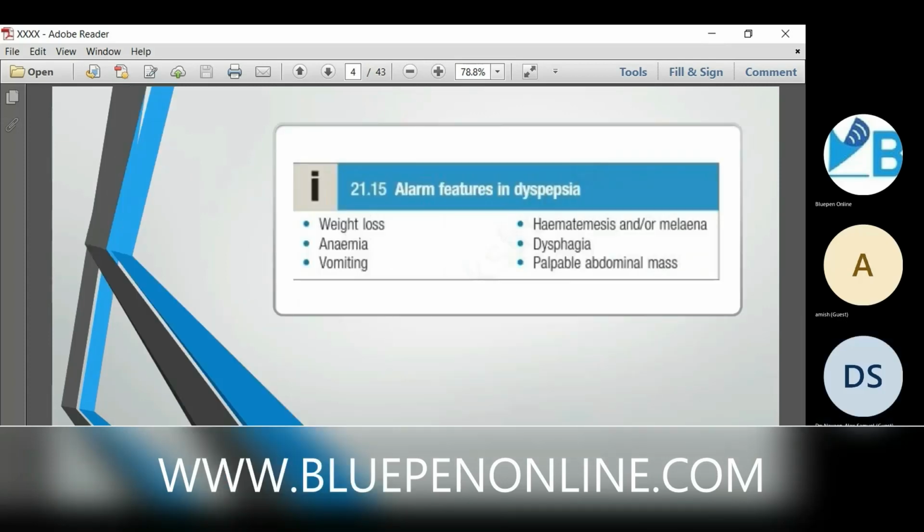Then there are alarming features of dyspepsia. Dyspepsia causes discomfort and bloating of the stomach. Once there is bloating, the patient will find discomfort, and they will present with a lot of other symptoms. Along with dyspepsia, there'll be weight loss, anemia, vomiting, hematemesis or melena. Melena is black tarry stool, and hematemesis is the presence of fresh blood in the vomit.